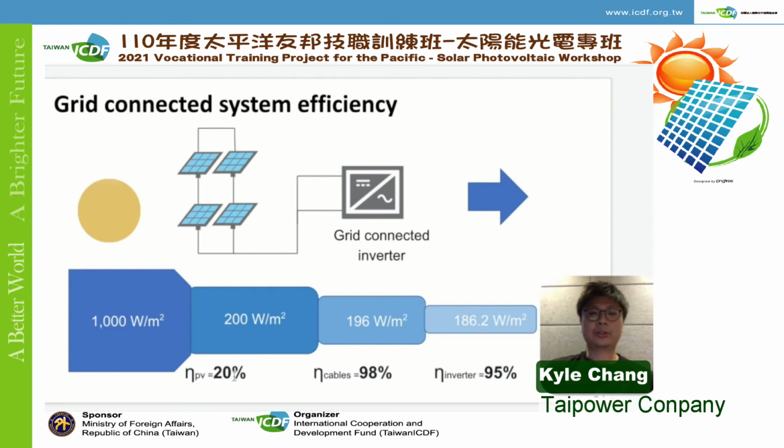So in this example, we will assume the cable has a transmission efficiency of 98%. Therefore, the power per area going to the inverter is 196 watt per meter squared.